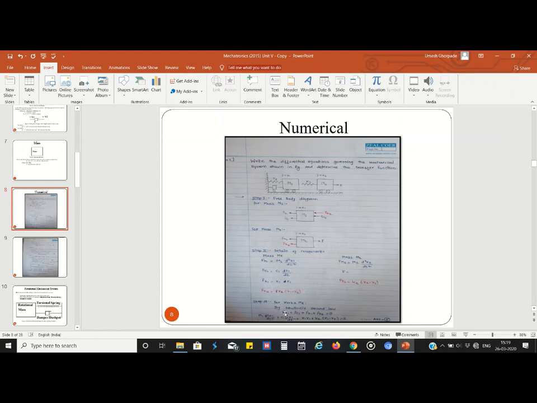Fm1's value is m1 d square x1 upon dt square, Fc1 value is c1 dx1 upon dt, plus k1's value k1 x1, k2's value k2 (x1 minus x2), is equal to 0. So this is the first differential equation for the mechanical system for the mass m1. For every mass we get one differential equation, so there are two masses, so we get two differential equations.